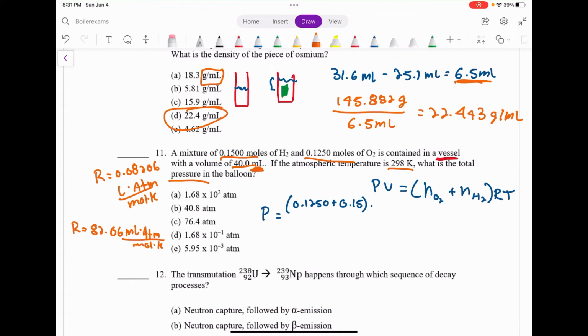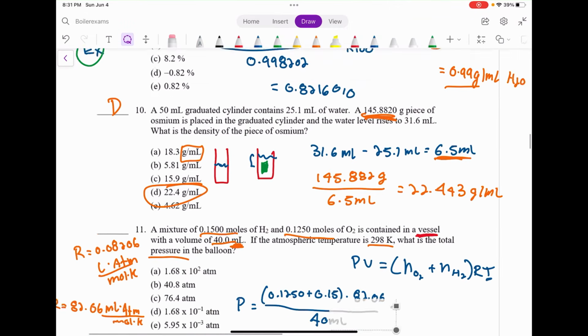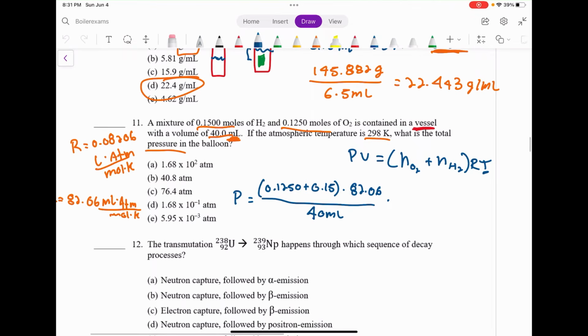Let's put that in. 0.125 plus 0.15, times 82.06, divided by the volume, which is 40 milliliters, and also we need to multiply by T, which is 298. The units check out.